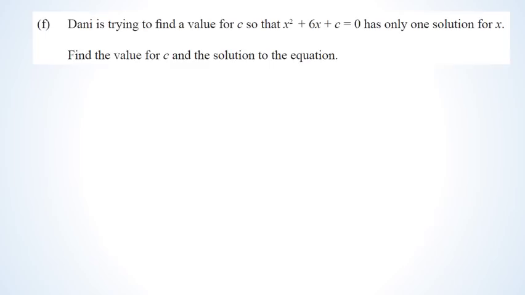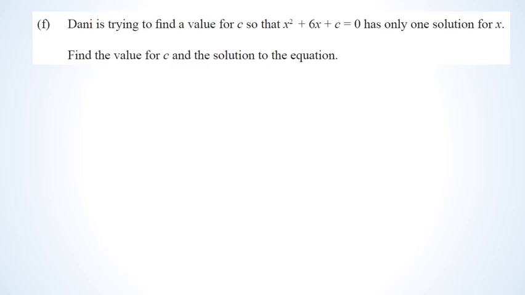Okay, so in this question, Danny is trying to find a value for c so that x squared plus 6x plus c equals 0 has only one solution for x. To get started, you need to understand that for you to have only one solution, especially with a quadratic, it needs to be a perfect square.